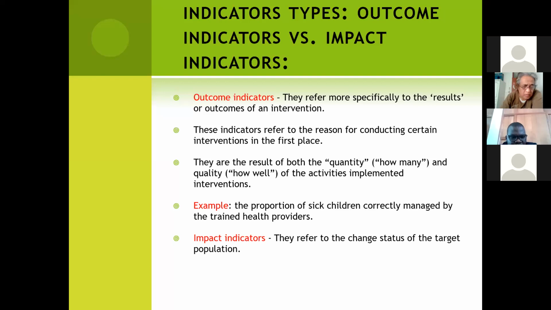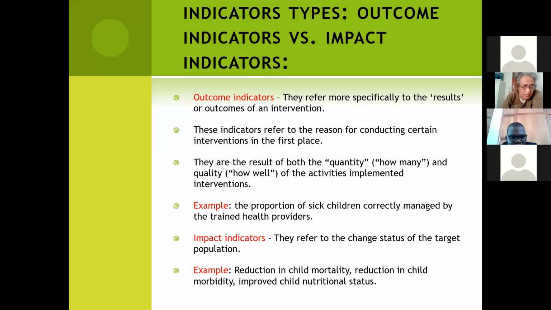And then again, also we have impact indicators. These refer to the change status of the target population. And good examples here will be, you've heard about child mortality rates.